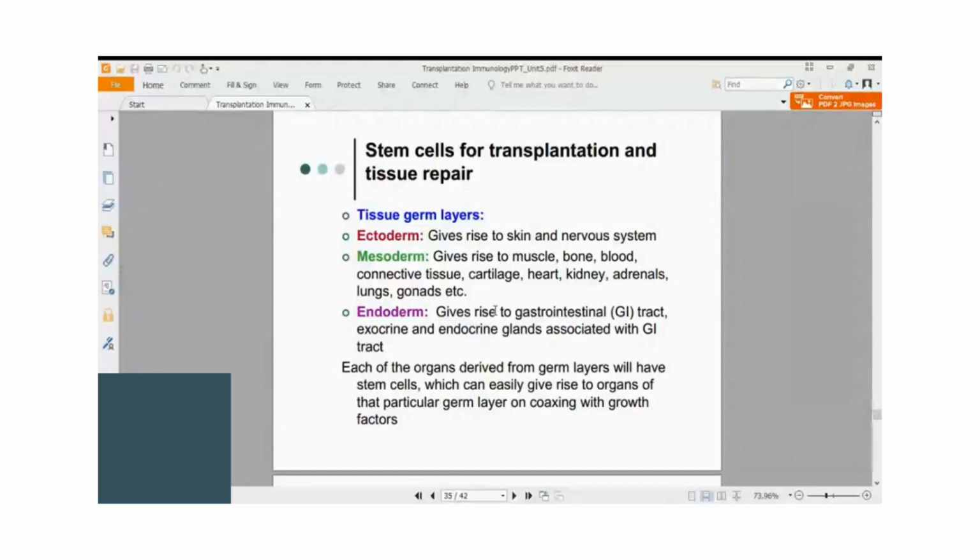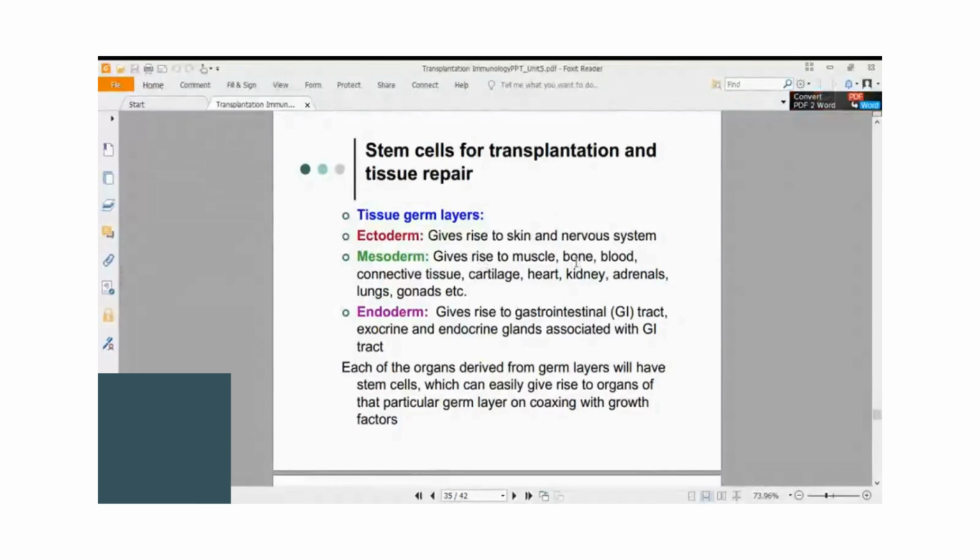It can easily be coaxed. Like if you had obtained the stem cells from the bone marrow, which are called hematopoietic stem cells. Hematopoietic stem cells are mesodermal in origin, and they are available in the bone marrow.